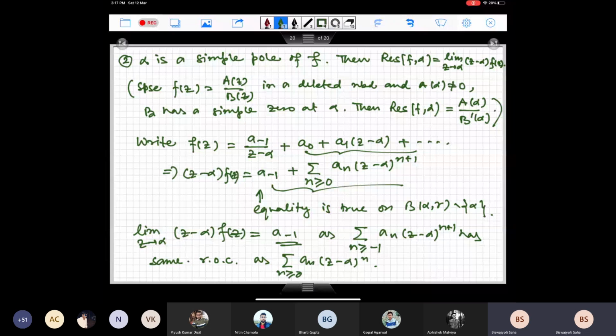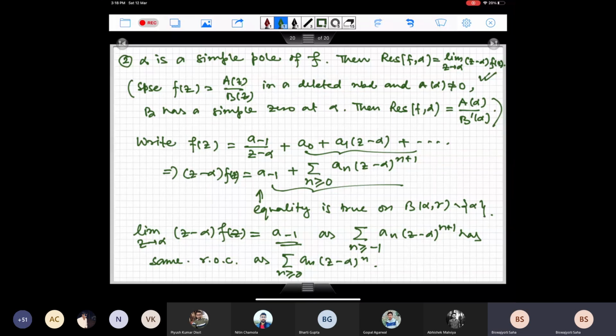So there is no change actually. Therefore, it is holomorphic and the limit is a minus 1. So the first formula which I gave you is very simple to derive. If it is a simple pole, I can immediately do this and get hold of my a minus 1.